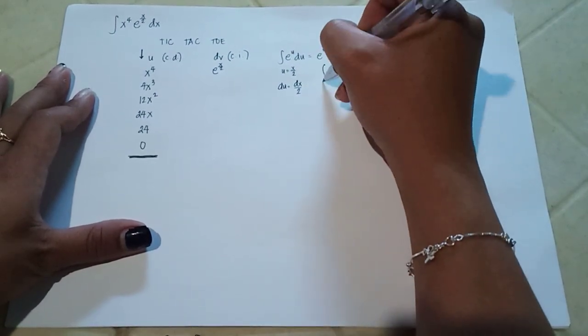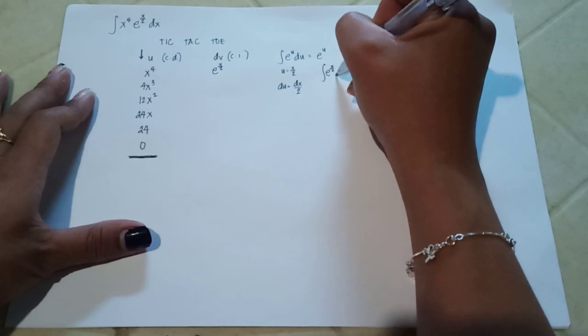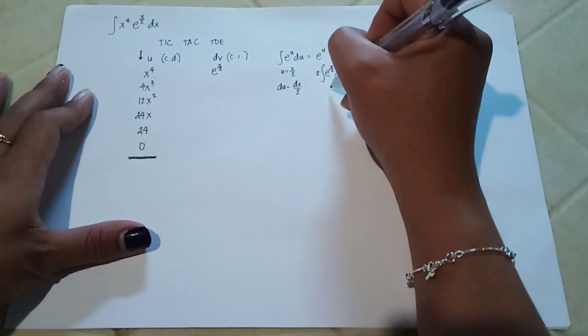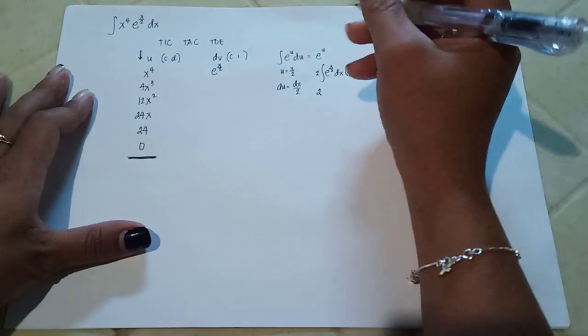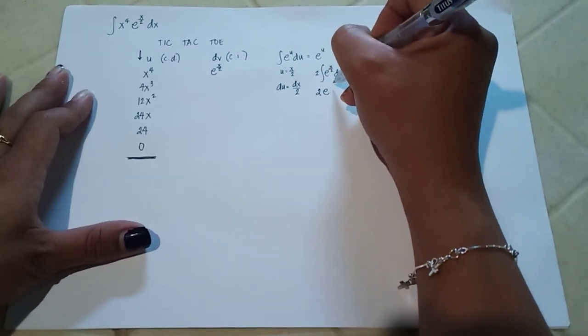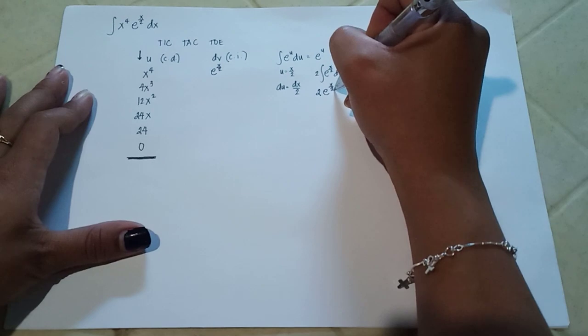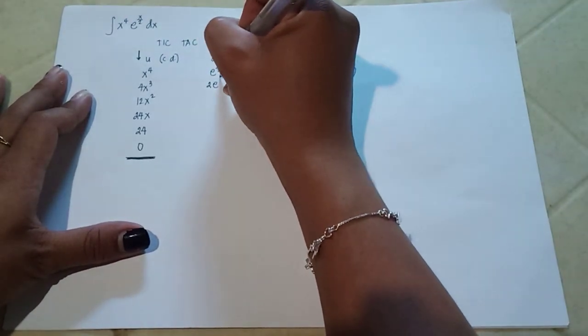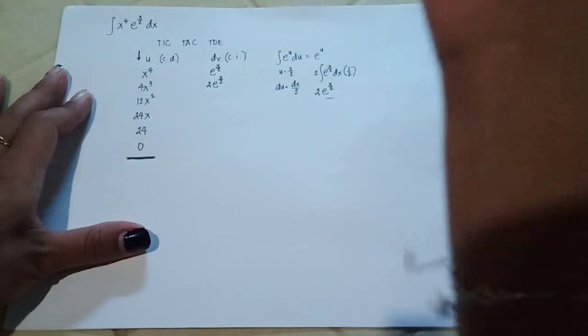So if your equation is e raised to x over 2 dx, you have to insert 1 half balanced by 2. So your answer is 2 e raised to x over 2. So this answer falls here. This will be 2 e raised to x over 2.